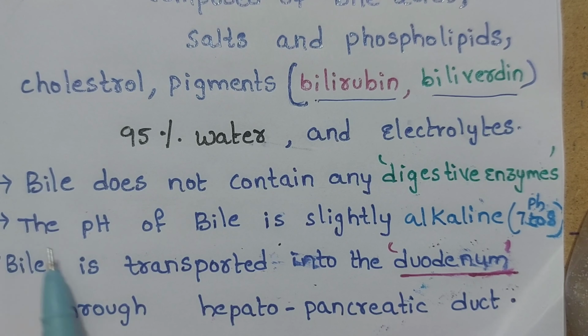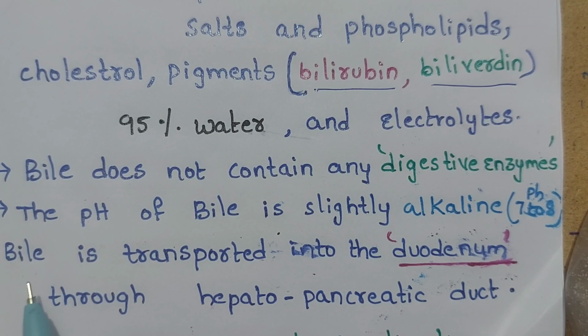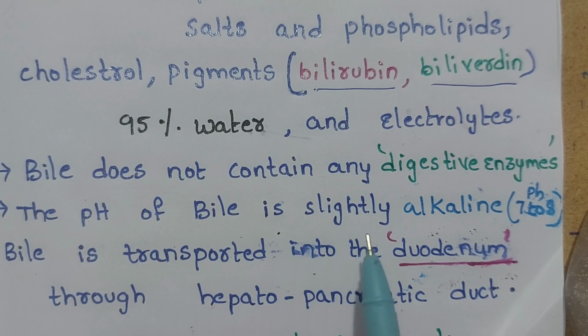Mainly, what is the function of the bile juice? Digestion of the fats. Digestion of the fats means emulsification of the fats. Bile juice helps in the breakdown of large fat molecules, large fat substance, into small droplets or small globules.